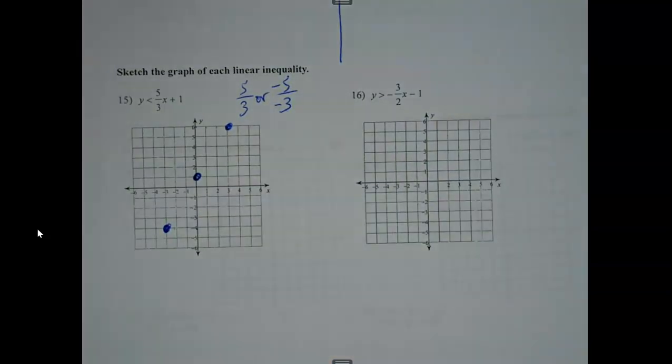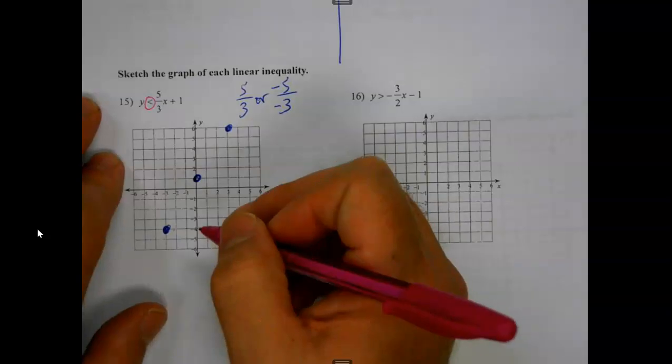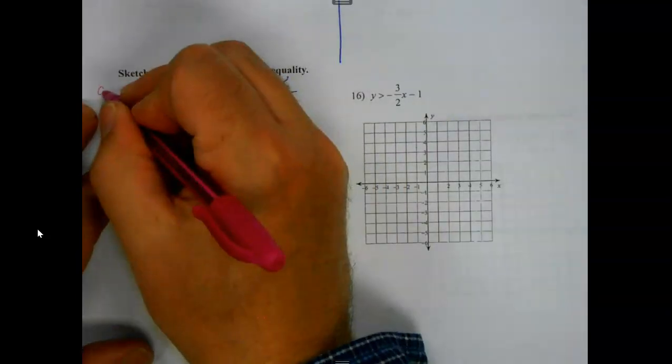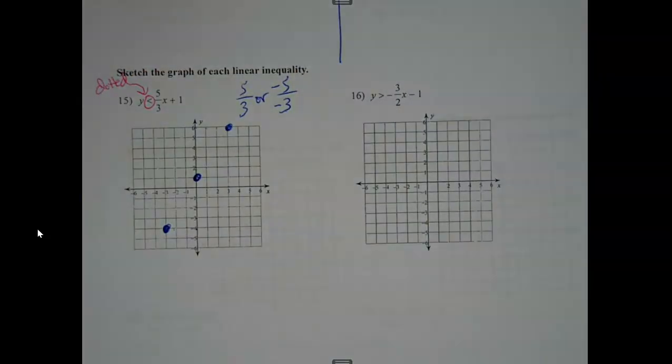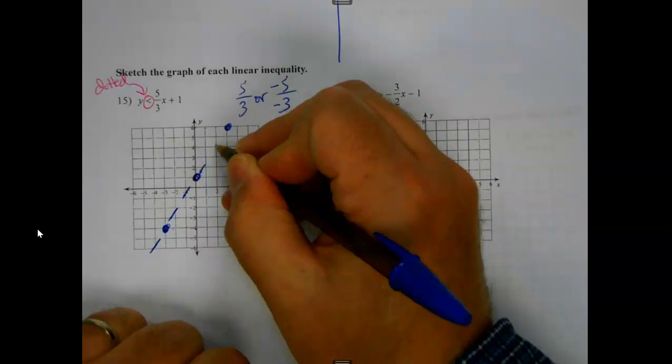Now, before you draw a line through it, we got to pay attention to a couple of little details here. That less than arrow is actually going to help me with two things. Number one, it tells me my line itself is dotted. If it had a line under it, it would be solid. So we got that taken care of.